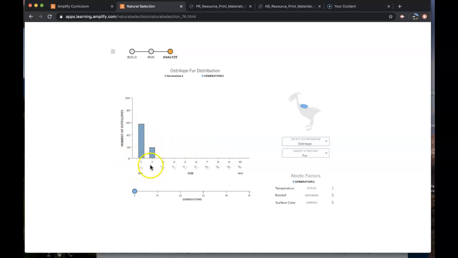They have a low fur level trait, and it was non-adaptive. It did not help them survive. And so they don't just magically grow more fur or have a more adaptive fur trait. There were none that showed higher levels of fur, so when it got cold, they died off.